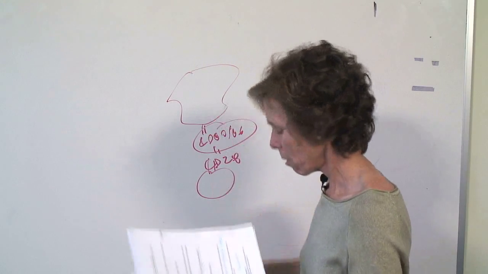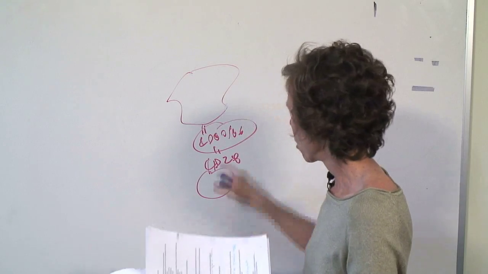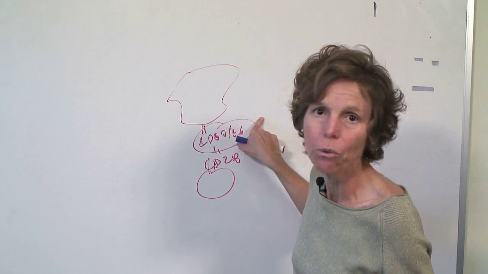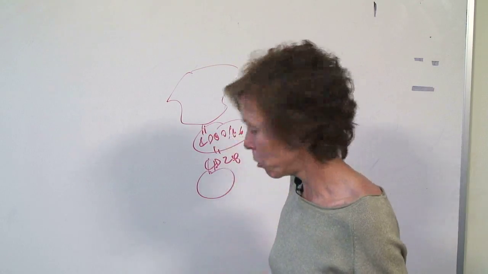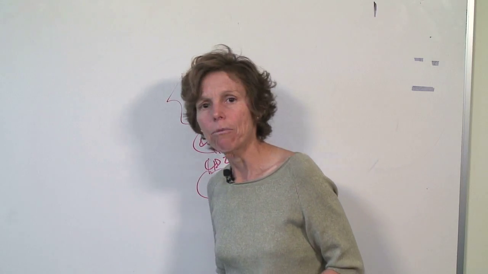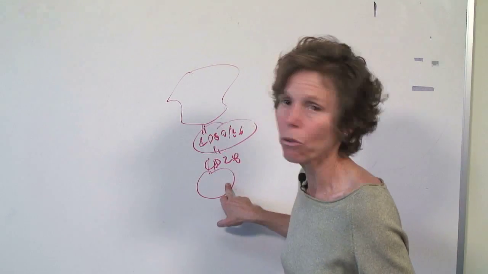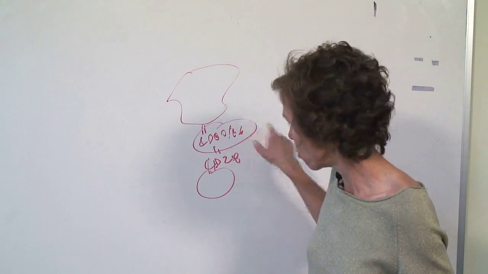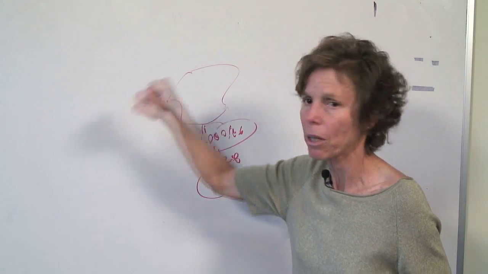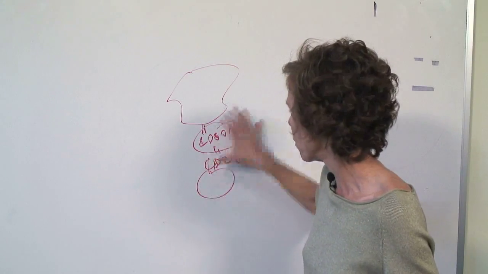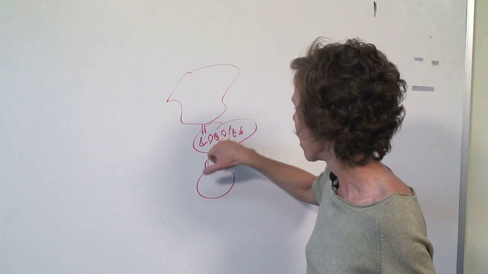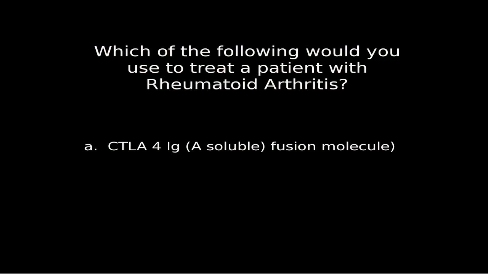But instead, the macrophage binds to your little immunoglobulin, your little fake CTLA-4, which is a regulatory molecule, remember, from the T cells that suppresses. It doesn't put it in forward, it puts it in reverse. The co-stimulation puts it in reverse instead. So in this case, the answer is A, CTLA-4 immunoglobulin, a soluble fusion molecule.